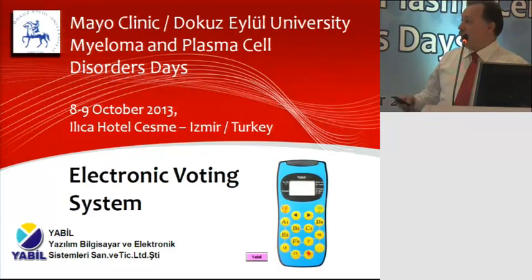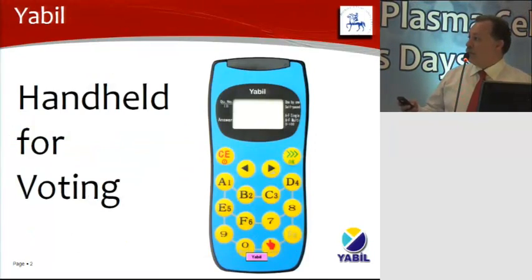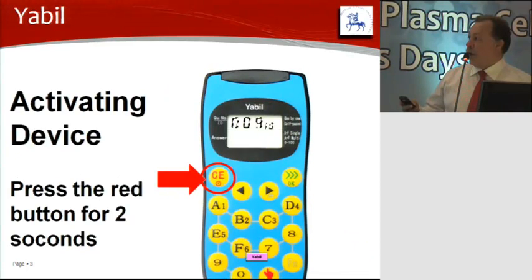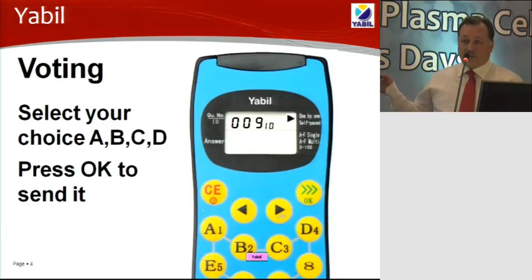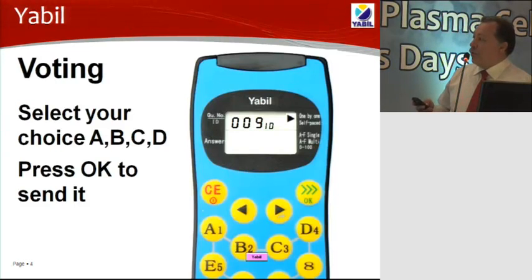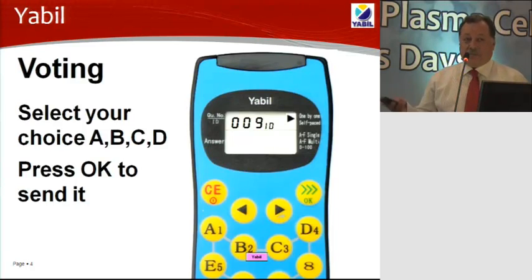How do we use this device? These are electronic voting devices. First, we have to push the red button to open the device. We have to activate the device first. Then, if you have a question on the screen, first you select your choice, A, B, C, D, or E. Not now.